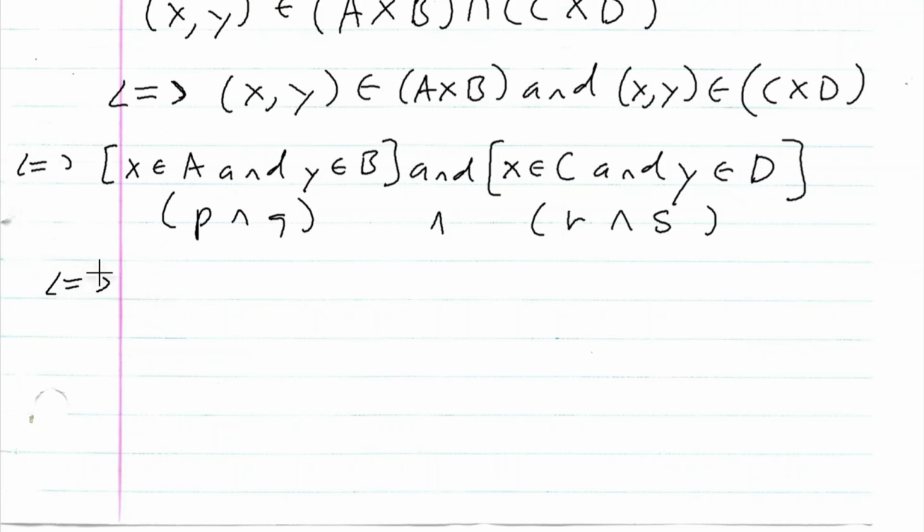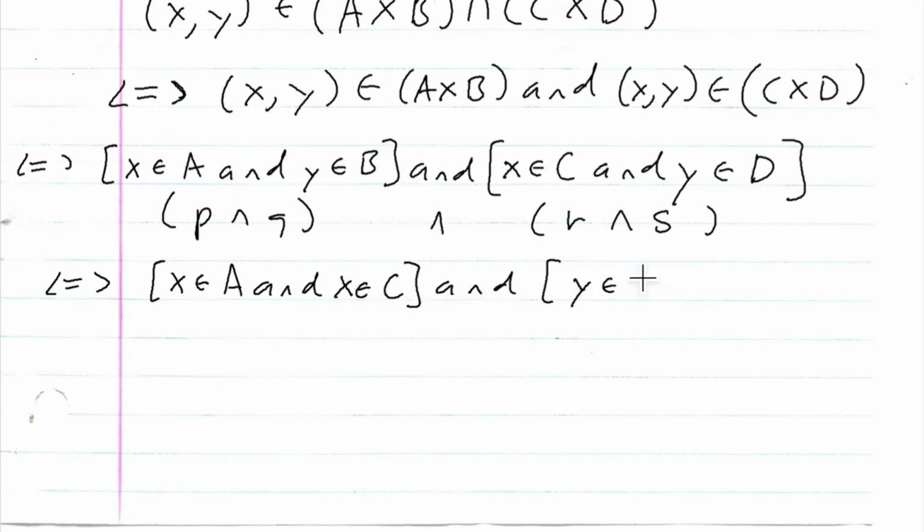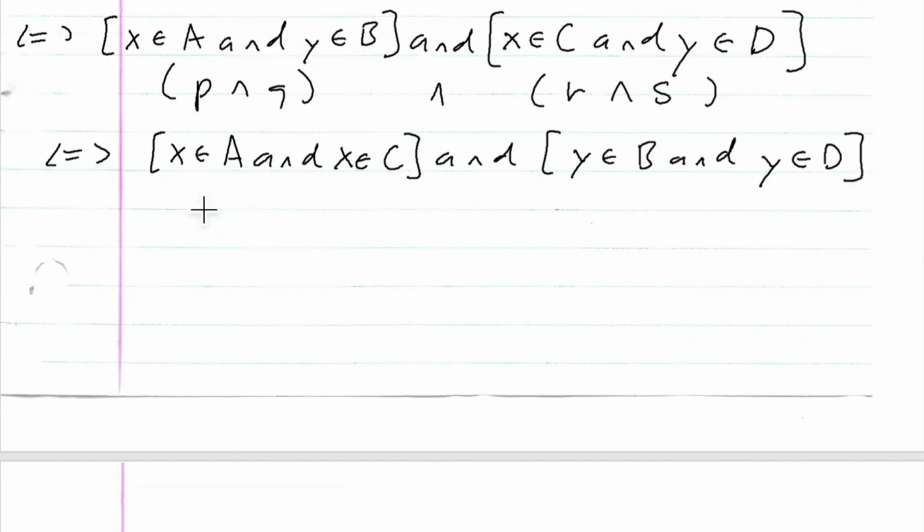So this is the same thing as saying x is an element of A and x is an element of C and y is an element of B and y is an element of D. We can do that because this is equivalent to P and R and Q and S.